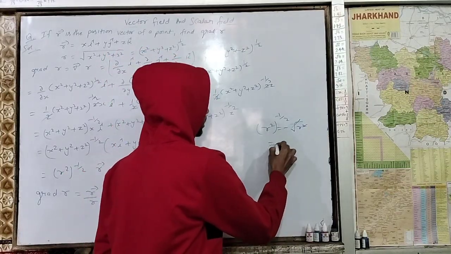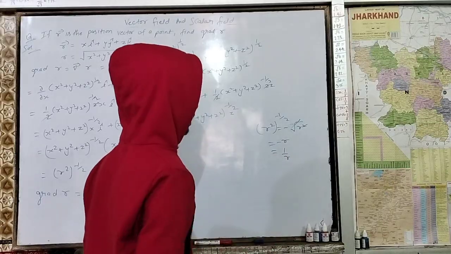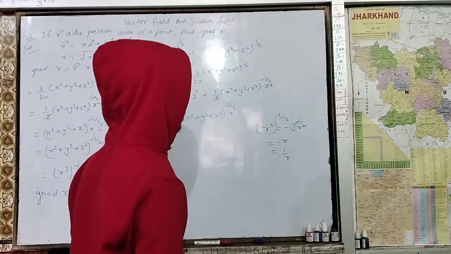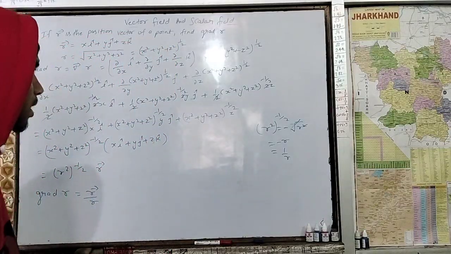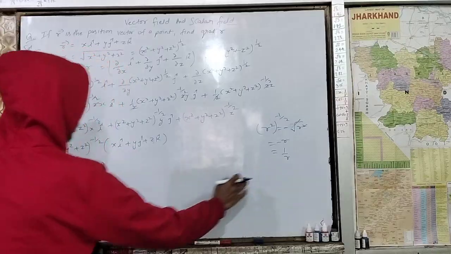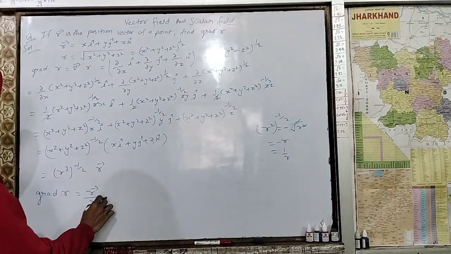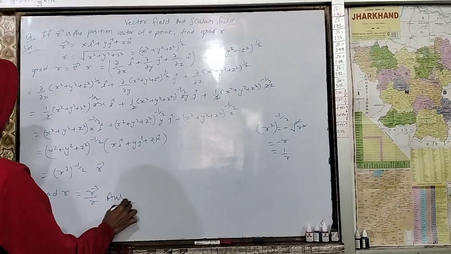So finally we have r raised to power minus 1, which is nothing but 1 upon r, and this r vector in the numerator. This is our answer.